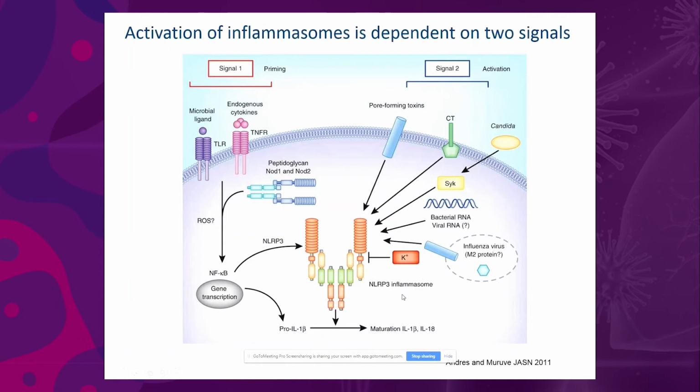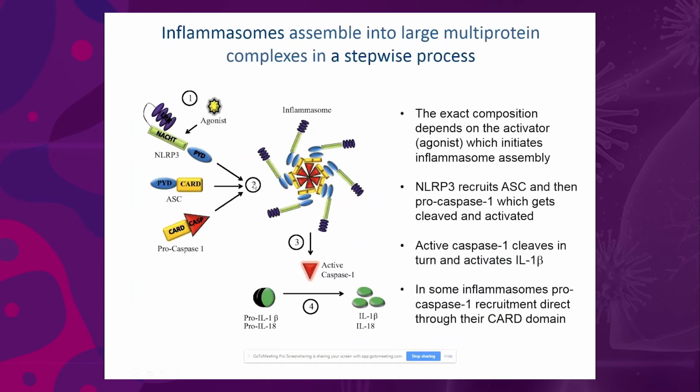And this shows you here the example of the NLRP3 inflammasome, whose activation upon recognition results in the assembly of a multimeric complex that involves, in the case of the NLRP3 inflammasome, NLRP3, ASC, another adaptor molecule of the inflammasomes, which contains also pyrin domains and CARD domains, and procaspases. The most prominent is procaspase 1 in the case of an NLRP3 inflammasome.